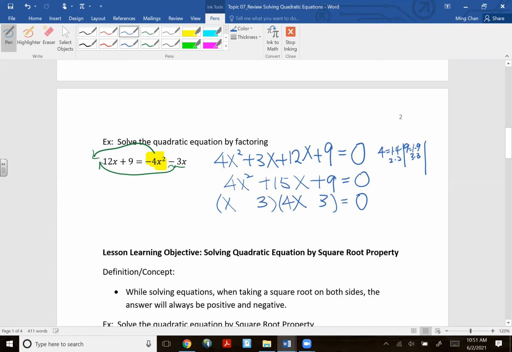My outer is 3, my inner is 12, and that should give me 15x in the middle. Both have to be positive. And once we factor, the next step is to set each factor containing the variable equal to 0.